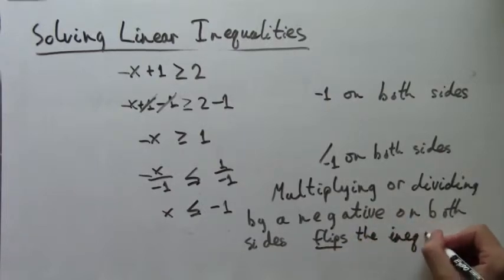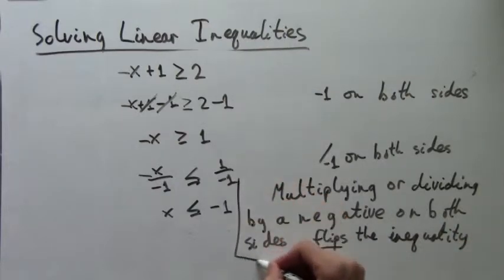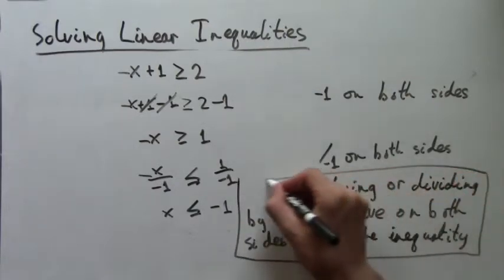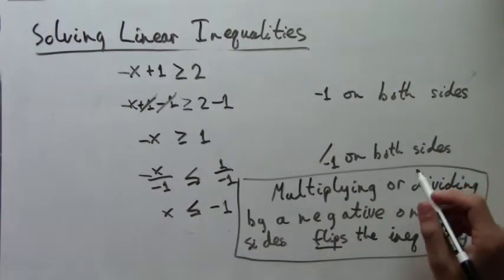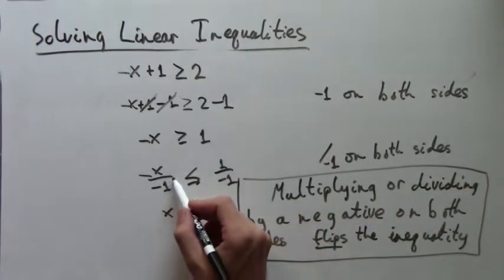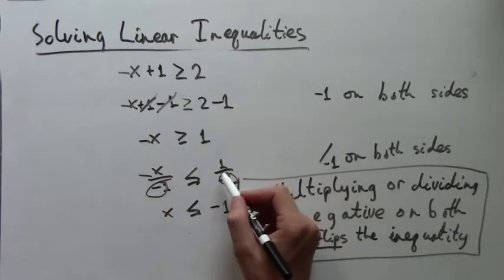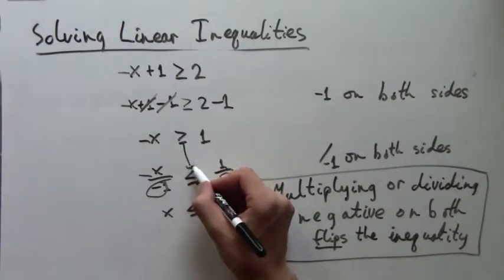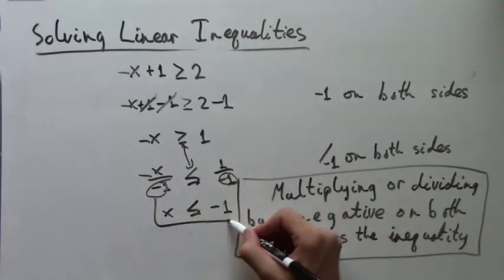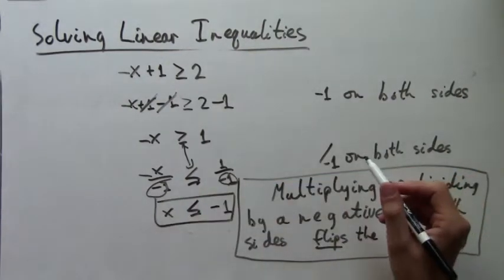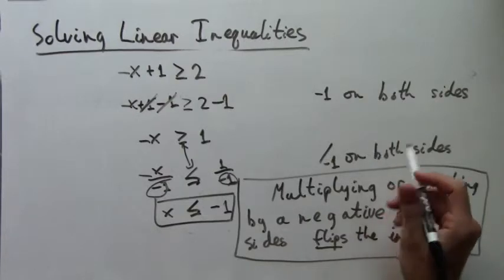Otherwise, they're actually just the same thing. So let me highlight again. We've divided by -1 on both sides, so the inequality flipped. It changed the other way. So now we know that the answer is x is less than or equal to -1.